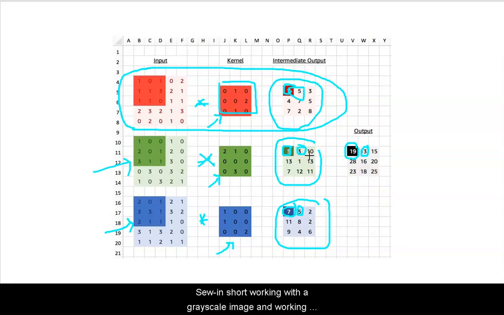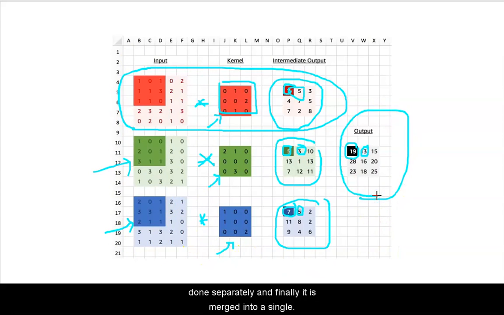So in short, working with a grayscale image and working with an RGB image is not much of a difference. The only thing is that when it comes to a color image, the three components have to be considered separately and the operations have to be done separately, and finally it is merged into a single result.